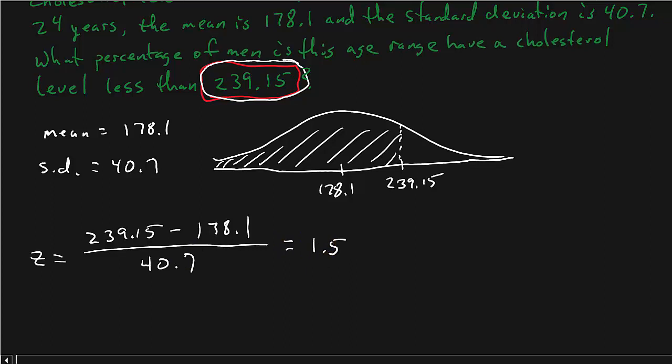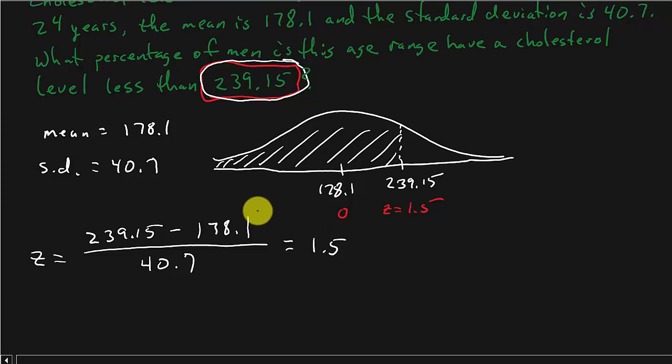Okay, so if we convert this to the standard normal curve, remember the mean is 0 and the z-value is 1.5. Okay, and so we converted this 239.15 to a z-score. So now all we have to do is go look up the 1.5 in the table.